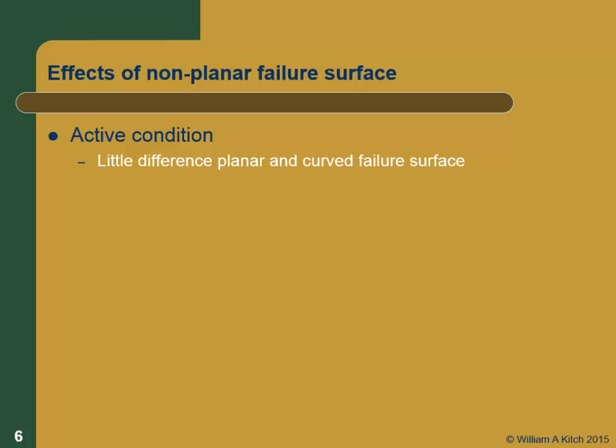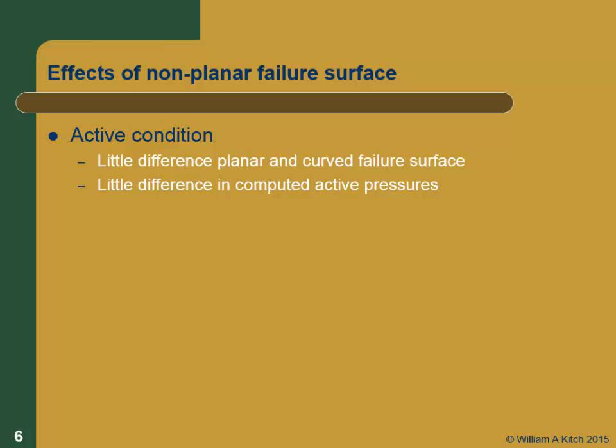If we're looking at non-failure planar surfaces, on the active side, there's little difference. What's the biggest difference in active earth pressures? There's a little difference between the failure surface, and the active pressures aren't that much different.